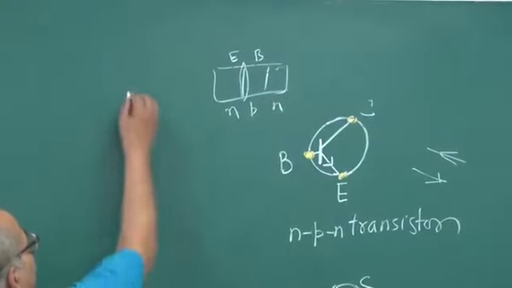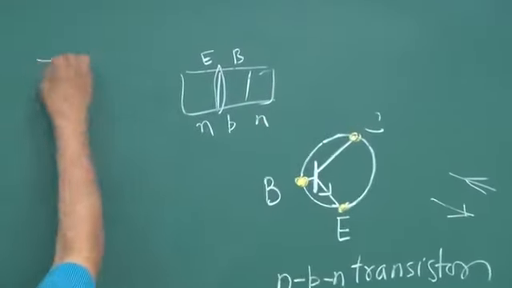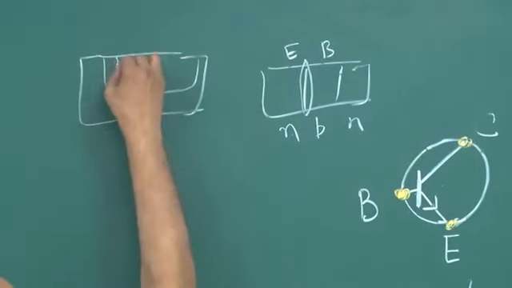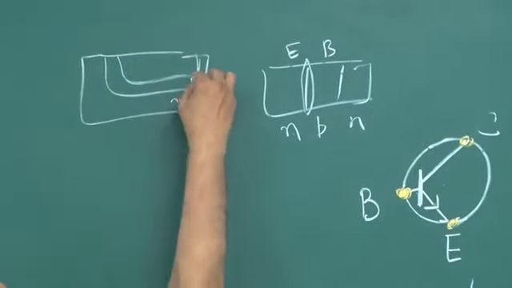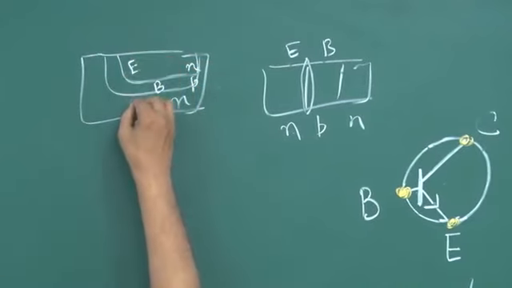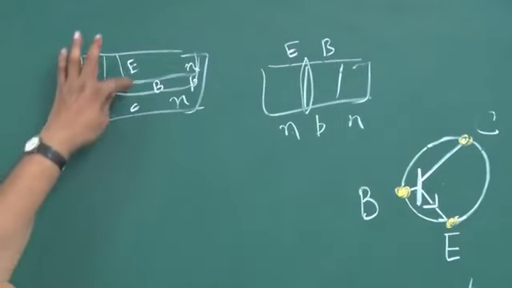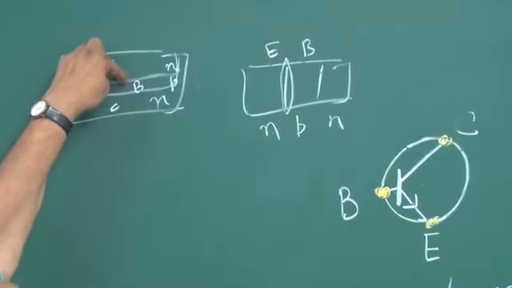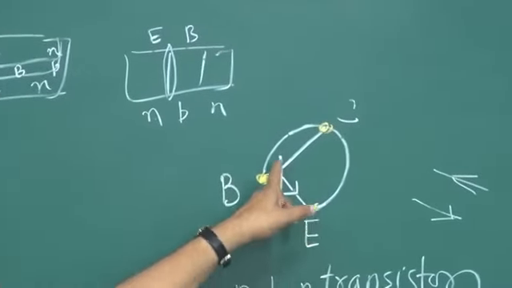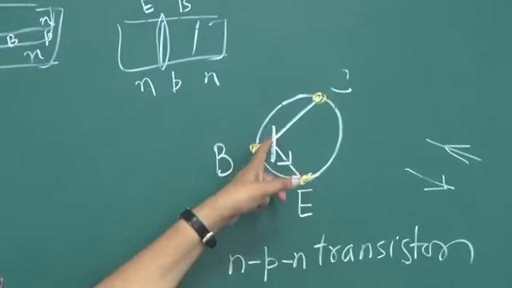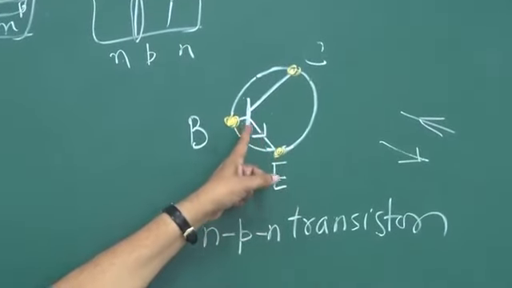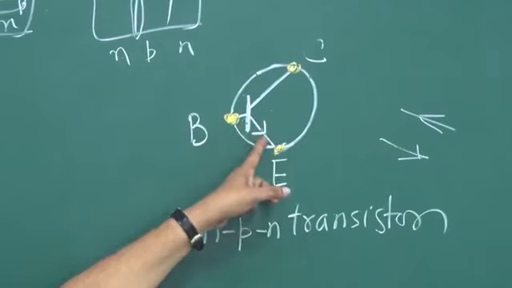Or if you use this diagram, this is N, this is P, and this is N, and if this is base, this is emitter, and this is collector, then we are talking of this PN junction here between emitter and base. And in this diagram, this line is for base, and this line is for emitter. So this junction between base and emitter, this PN junction.